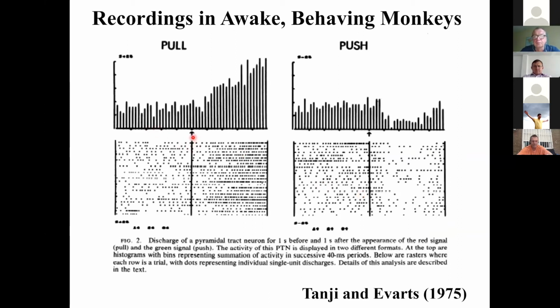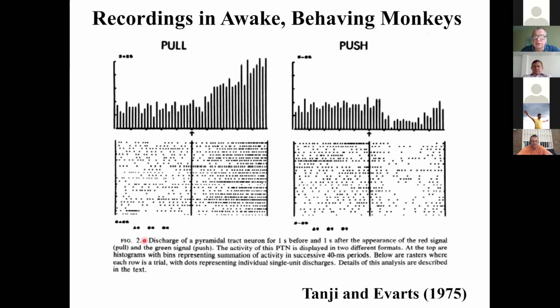So the central line is movement onset. And then this is a peristimulus time histogram, which represents the change in the neuronal rate as a function of time. So if the monkey pulls the lever, then the activity of this neuron increases. If the monkey pushes the lever, the activity of this neuron decreases.